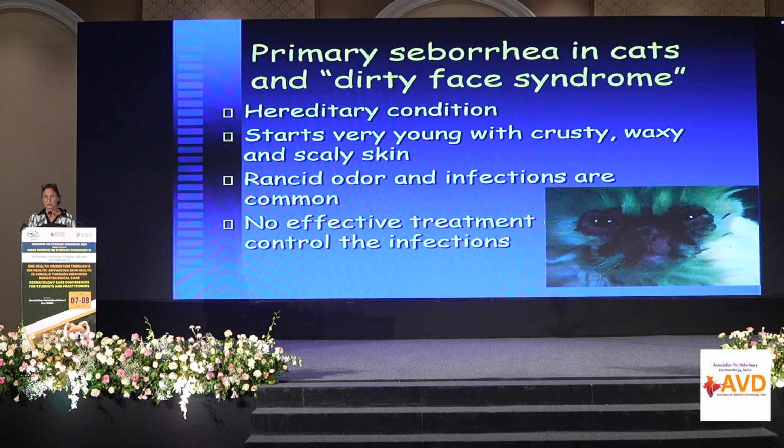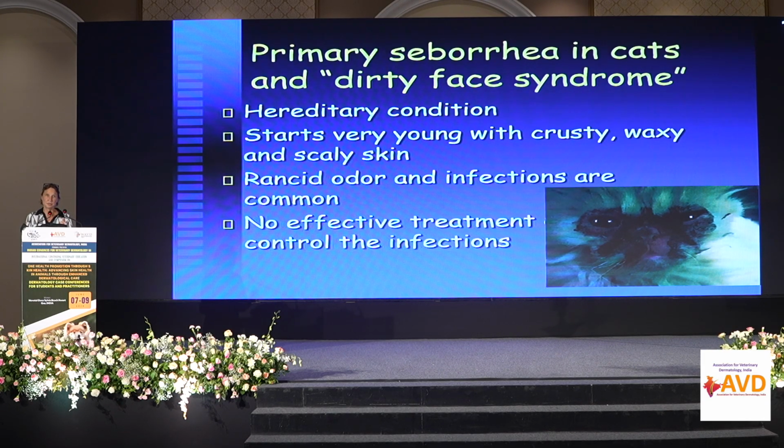Now, dogs are not the only ones that get primary seborrhea. Cats do too, and it's called dirty face syndrome, which tells you that we don't know anything about the pathogenesis of this disease. But it runs in Persians frequently, and it affects the face, and they are very prone to infections, particularly Malassezia. So damage control and treatment of the infection is critical, but there is nothing that we can truly do for this primary seborrhea itself.